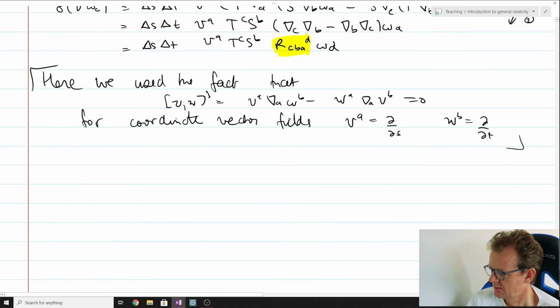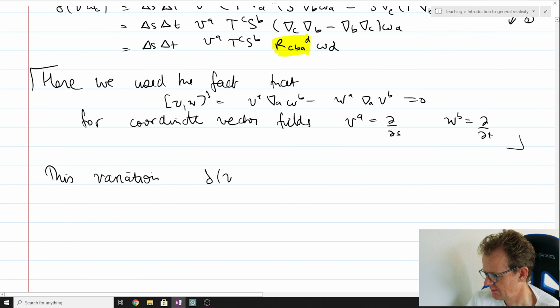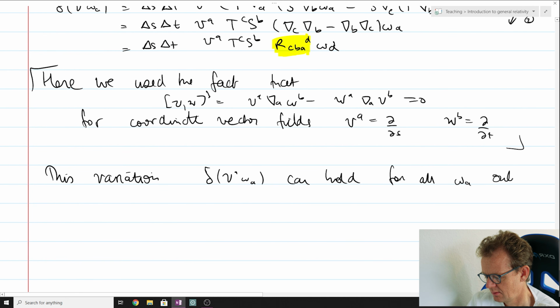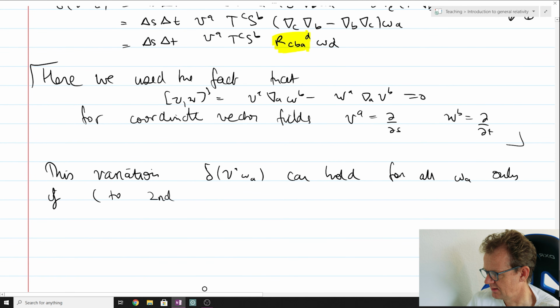So we've learned that this variation δV^A ω_A, now there's a bit where we cancel off this dual vector field, it can hold for all ω_A only if, to second order in δs and δt, the difference in the parallel transport of V^A around the whole loop obeys this equation here.